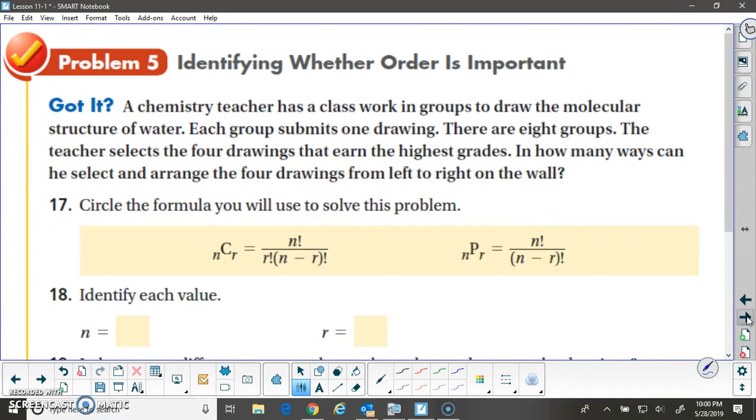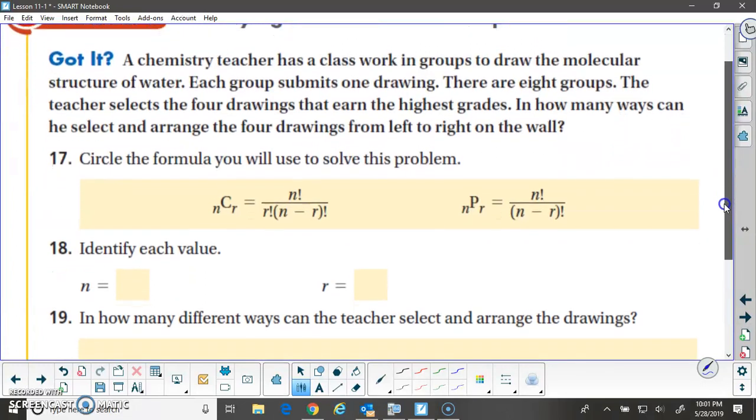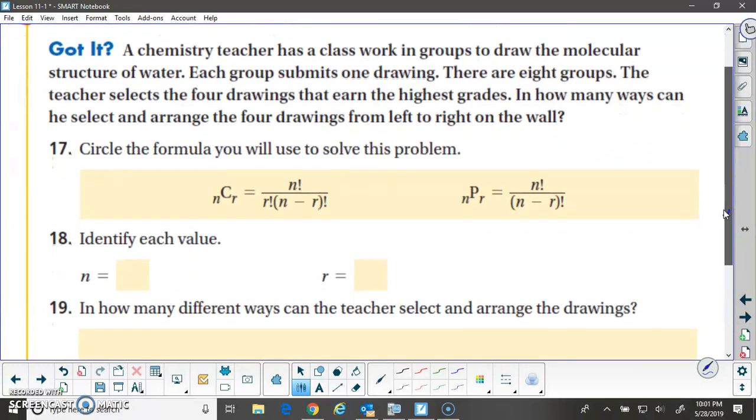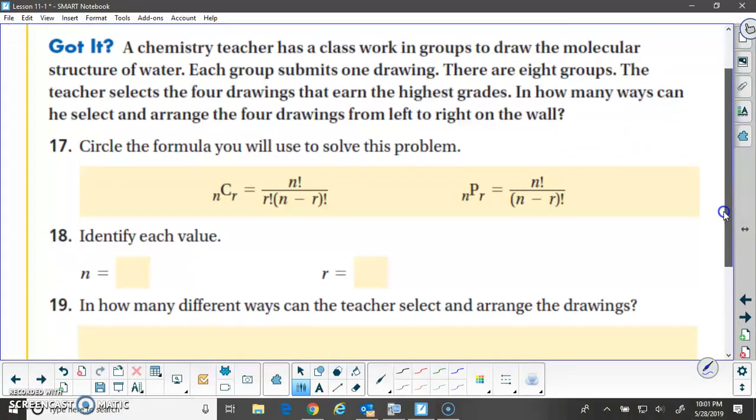Going on to problem number 5, it says a chemistry teacher has a class work in groups to draw the molecular structure of water. Each group submits one drawing. There are 8 groups. The teacher selects the 4 drawings that earn the highest grades. In how many ways can he select and arrange the 4 drawings from left to right on the wall? So number 17 says circle the correct option for this problem.